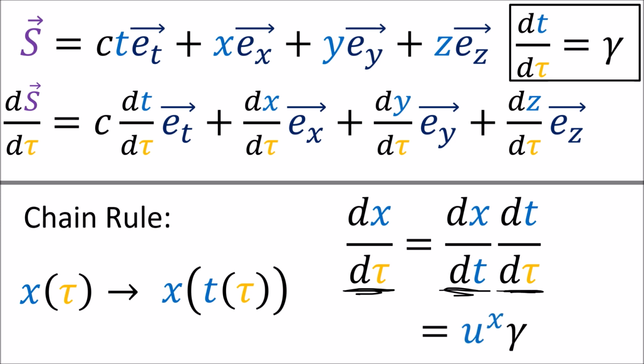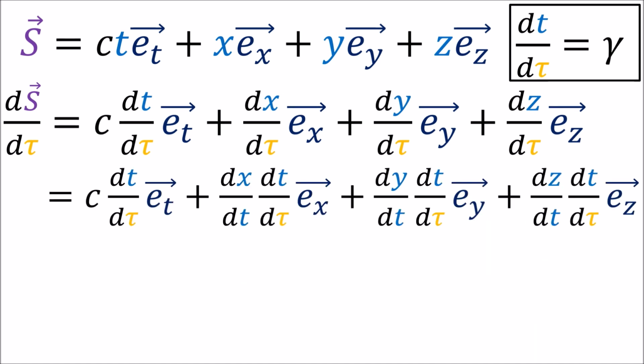Of course, dx by dt is just the familiar velocity in the x direction we know from non-relativistic Newtonian physics. I'll denote this velocity by small u with superscript x. And we already know from before that dt by d tau is just gamma. So the derivative of x with respect to proper time tau is just the ordinary x-direction velocity times gamma.